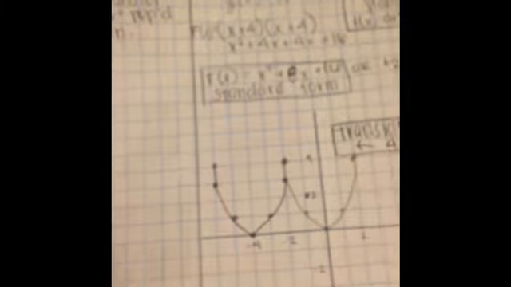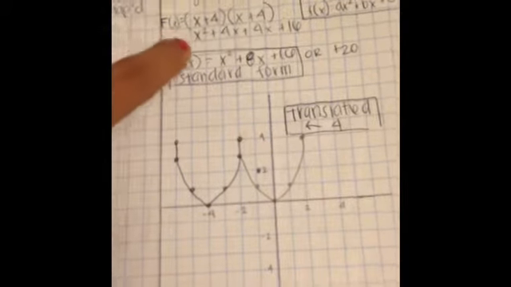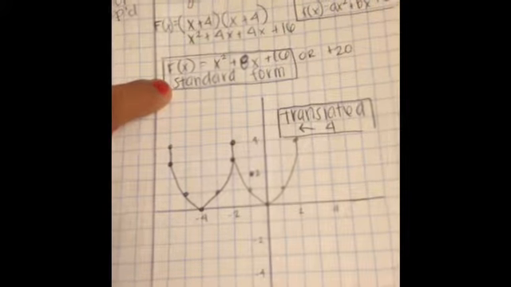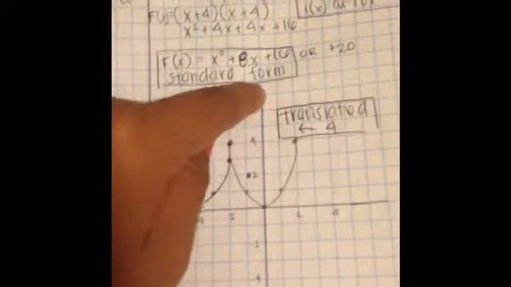So from here, we're going to go over here. So basically what your first step is you need to put your given information into standard form, and standard form is f equals ax squared plus bx and then plus c.